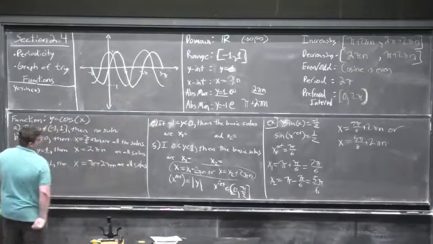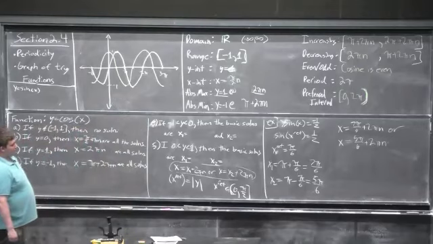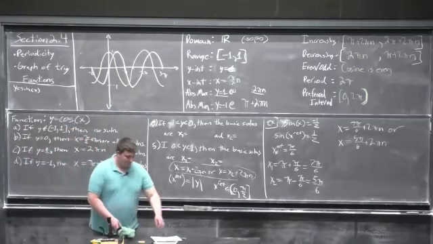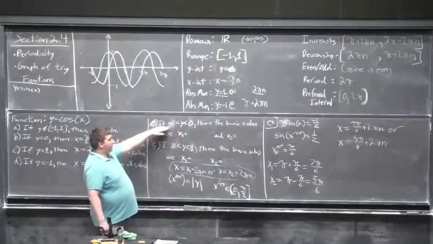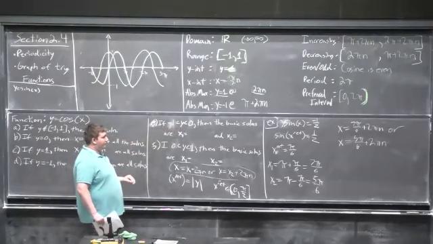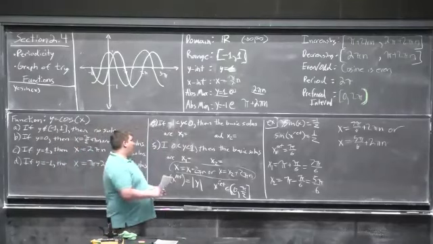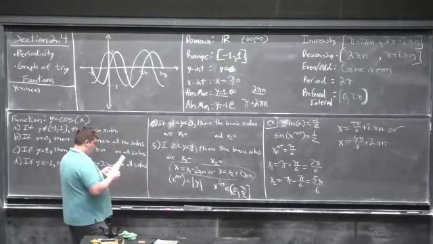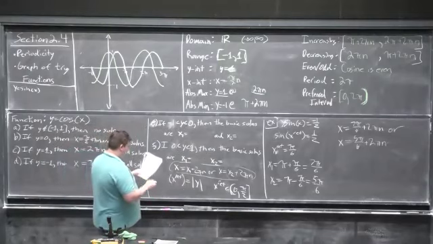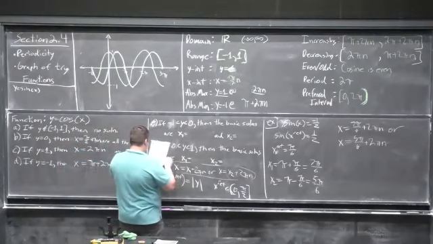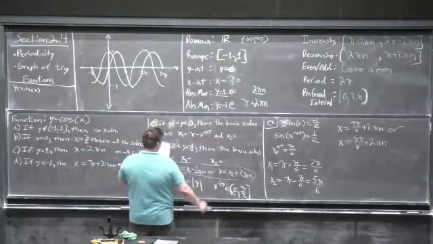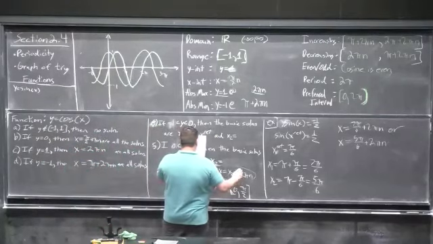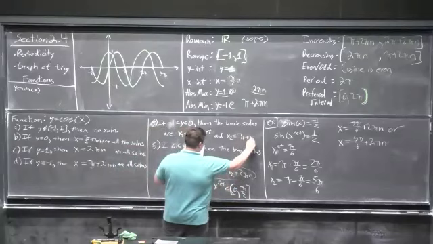Okay, if we have y being negative, but greater than -1, then what we have for our references are x1 equals pi minus x reference, and x2 is equal to pi plus x reference.